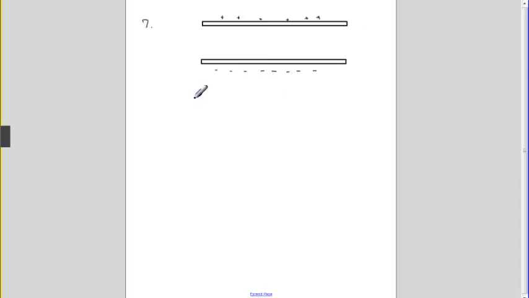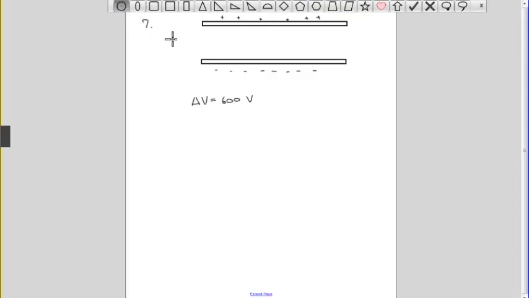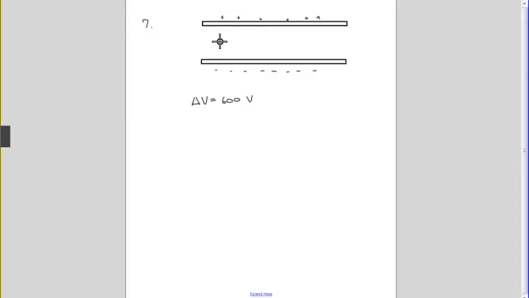Okay, and it says there's a potential difference, delta voltage, of 600 volts. And this is the high voltage side, and this is the lower voltage side. And we can tell that because if we took a test charge here that's positive, so I'm going to put a little test charge, what would normally happen is we would get pushed away from this side and drawn towards this side.